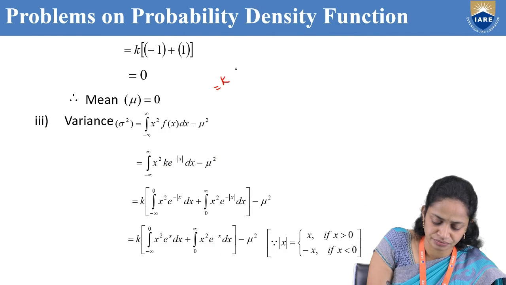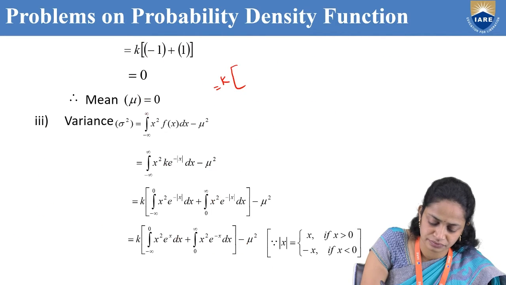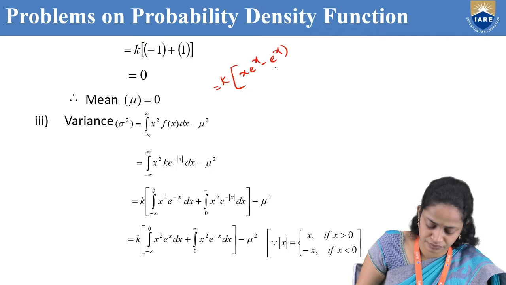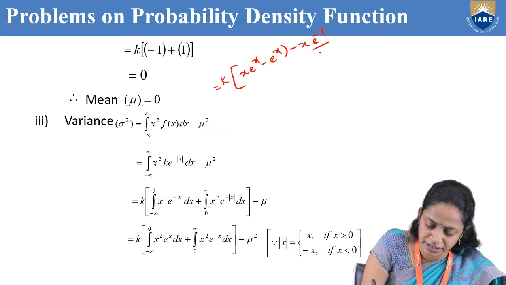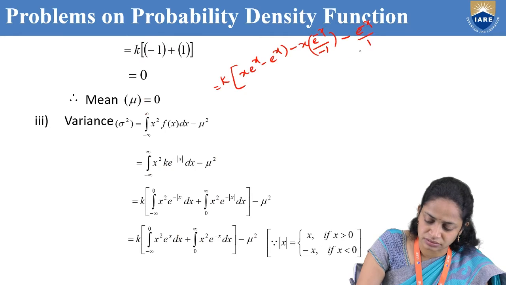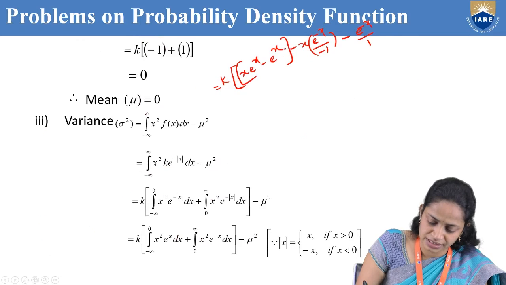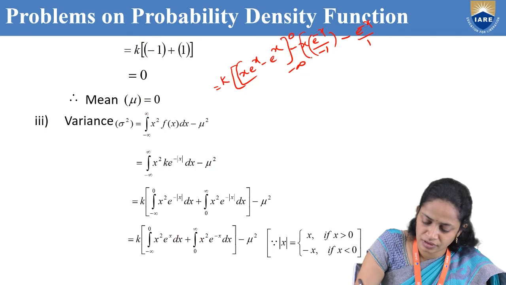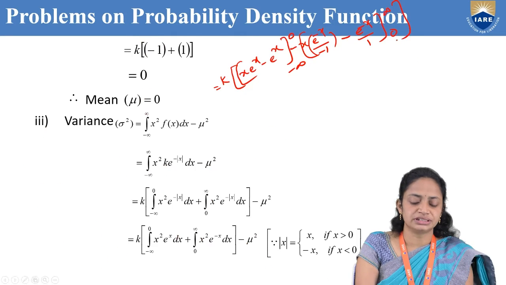So k into [x e power x minus e power x] with limits minus infinity to 0, and [x e power minus x by minus 1 minus e power minus x by 1] with limits 0 to infinity. Okay, so this is our function, right?